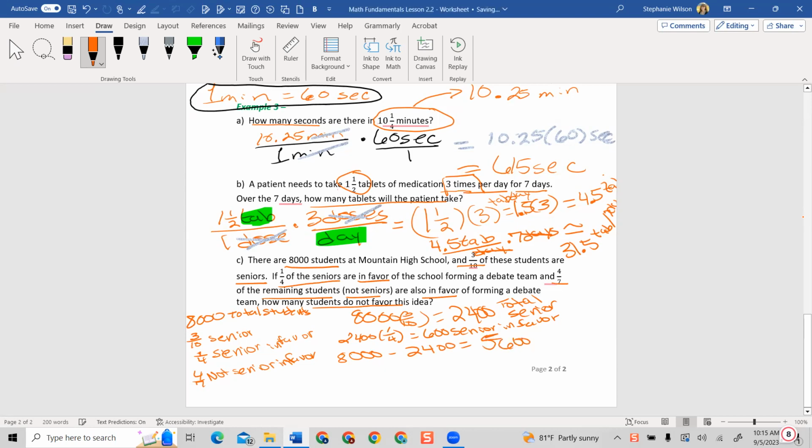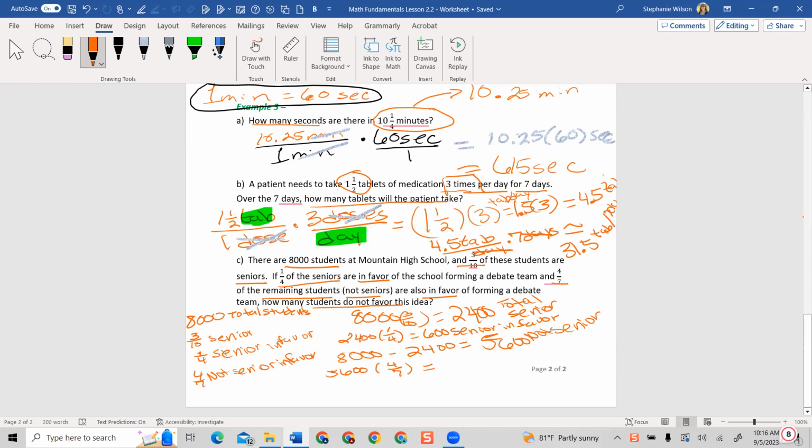Oops, sorry about my writing. And now if I take this 5,600, we're going to say not seniors. If I take this 5,600 and multiply it by the 4/7, that tells me the ones that are not seniors that are in favor. So I have 5,600 times, or let's go ahead and divide it by 7.